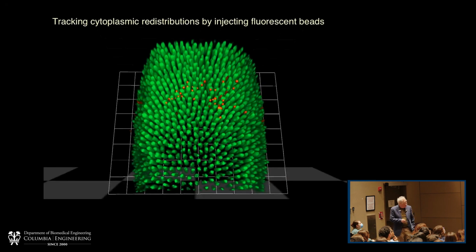So, one of the things that you'd like to do is to have other markers. If you think about many of the aspects of cell elongation, it essentially involves redistributions of cytoplasm. So one of the things that we wanted to do was to develop ways of marking cytoplasm and following cytoplasmic flows in cells of embryos. The strategy that Bing He and Konstantin Dubrovinsky developed was to take fluorescently labeled beads and inject them into embryos at an early stage, before the embryo had fully cellularized.